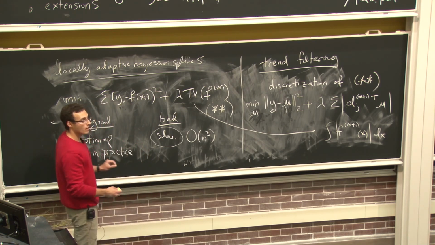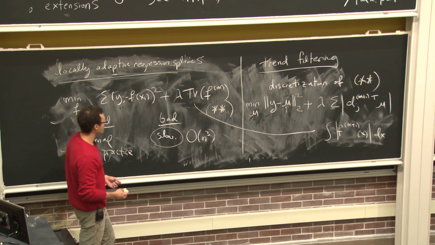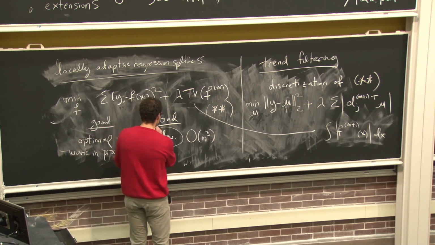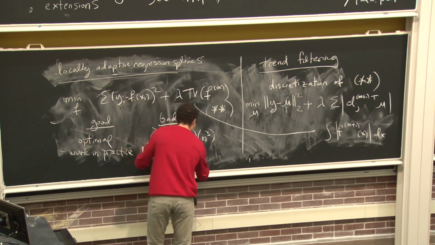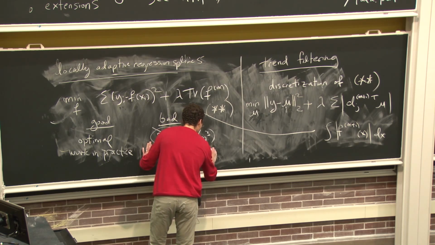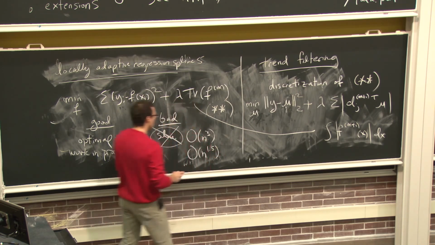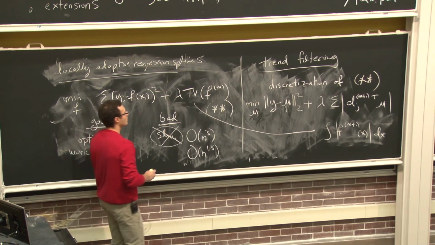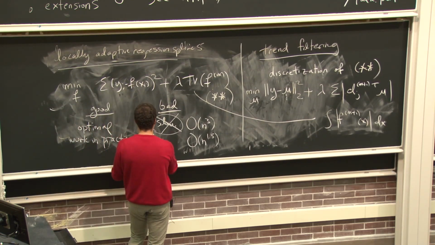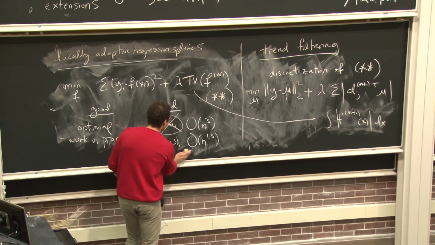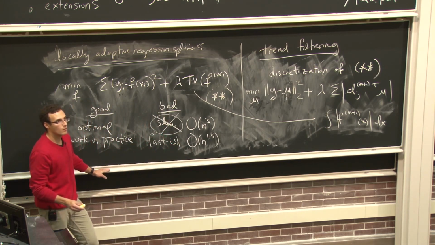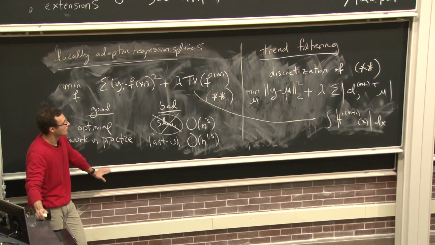It's optimal. It also works well in practice, but it doesn't have this problem anymore. The complexity of the trend filtering problem is actually n to the 1.5. Okay, so it's fast-ish. Not quite as fast as smoothing splines. And it's still good enough if you're looking at problems with mixed degrees of smoothness.